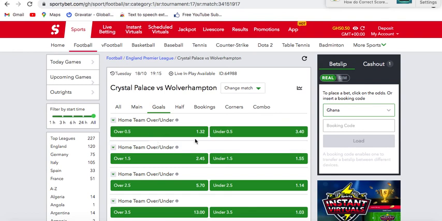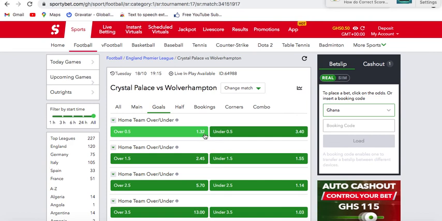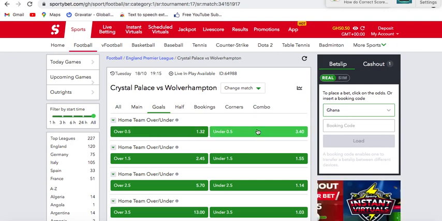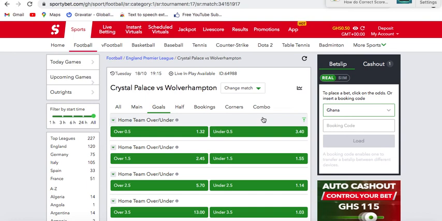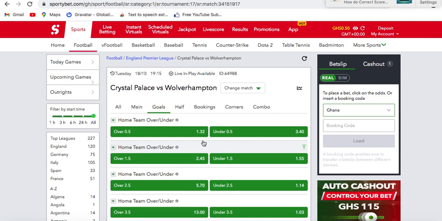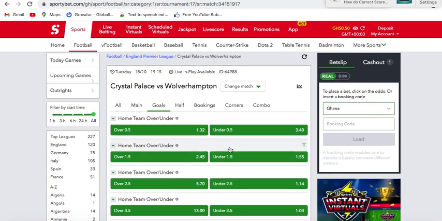The odds range from 1.32. As it's ranging from 1.32, the home team can score 1 goal, 2 goals and above, because the odds given to over 0.5 for the home team is very low. So they can score at least 1 or 2 goals.